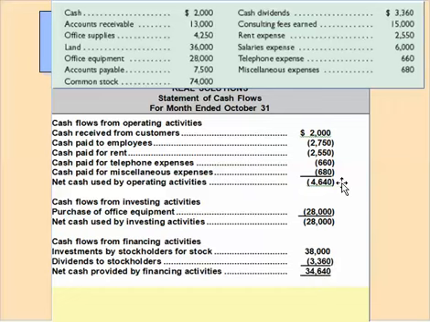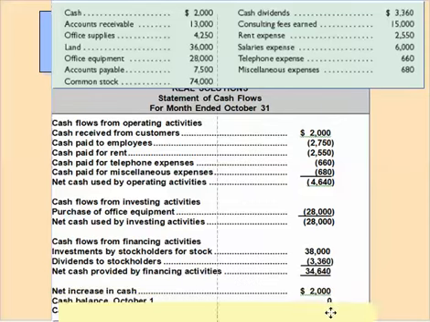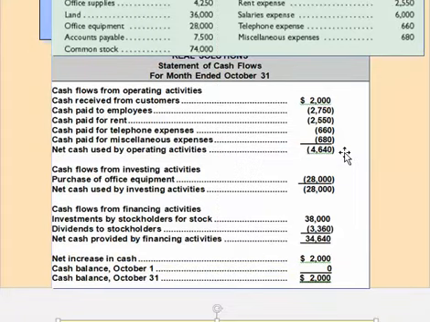Now we're going to take our outflow from operating activities, add to that the outflow from investing activities, and then we get to subtract that from the inflow we had for financing activities. Basically, we're just adding all these operating, investing, and financing activities together to get a total inflow or outflow. And in this case, if we do that, the $4,640 plus the $28,000 minus the $34,640, we get a $2,000 inflow or increase in cash.